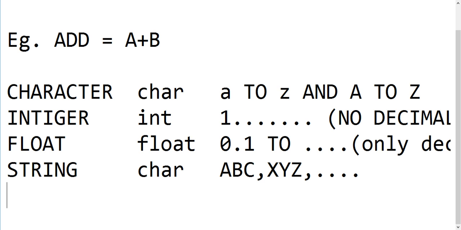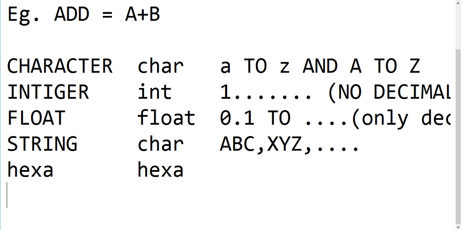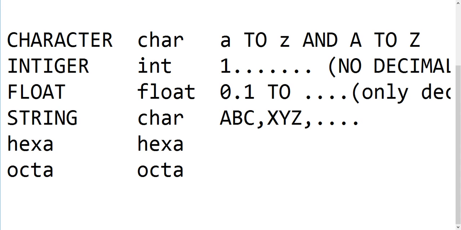Then comes hexa. It is a multiplication type operator. We will talk about it in later lectures. Then comes octa. Then comes boolean.